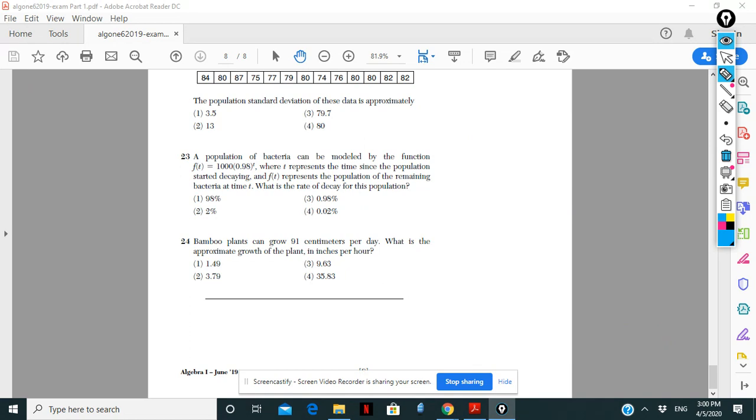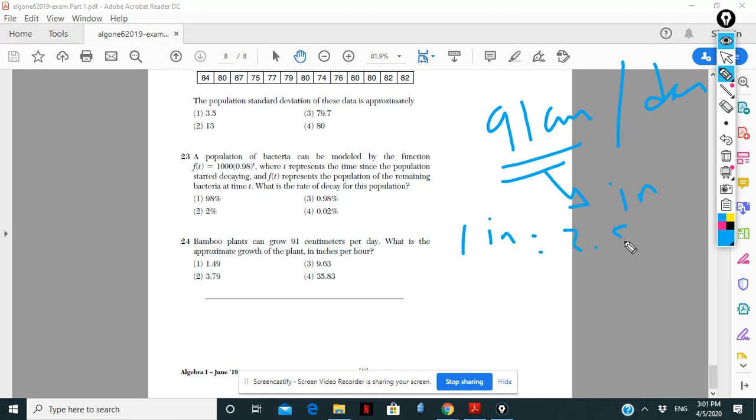Now, bamboo plants can grow 91 centimeters per day. What is the approximate growth of the plant in inches per hour? So 91 centimeters per day. The 91 centimeters I'm going to convert to inches. 1 inch is approximately 2.5 centimeters. So 91 divided by 2.5 gives me how many inches per day.